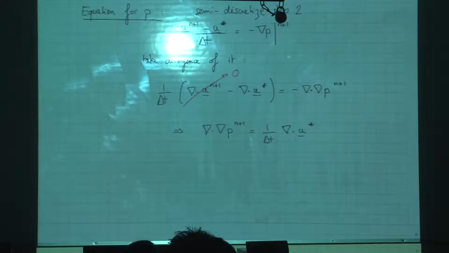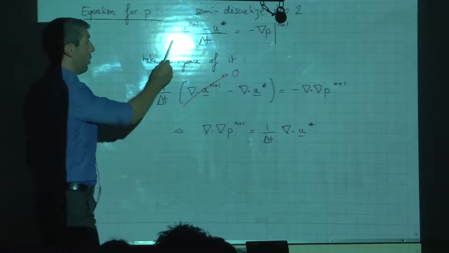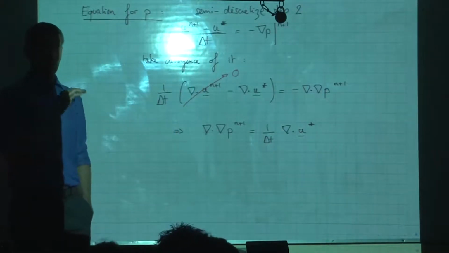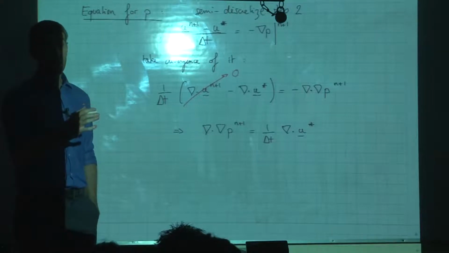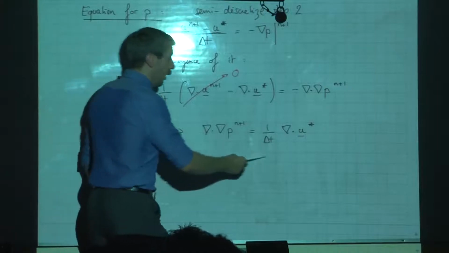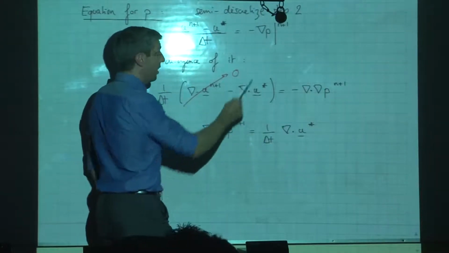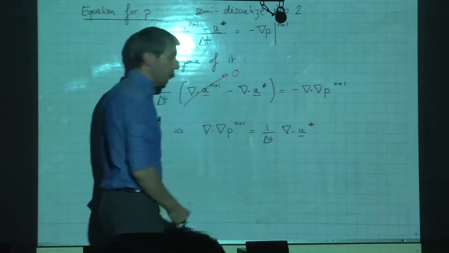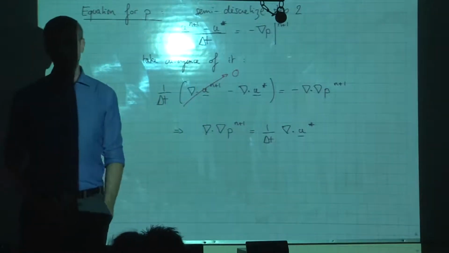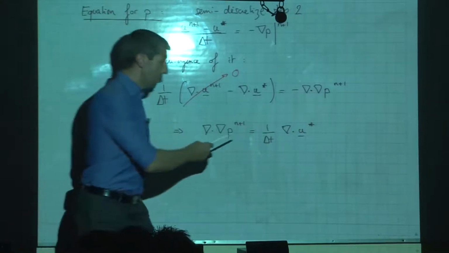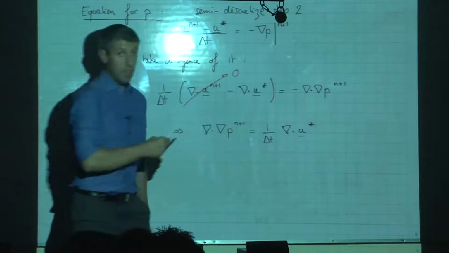We want to get rid of it. Well, if I use this equation to go from u star to un plus 1, then the only clean mathematical projection that would guarantee that un plus 1 is divergence-free would be if I make sure that my pressure that I use here is such that its Laplacian is equal to 1 over delta t times divergence of u star. That's simple.